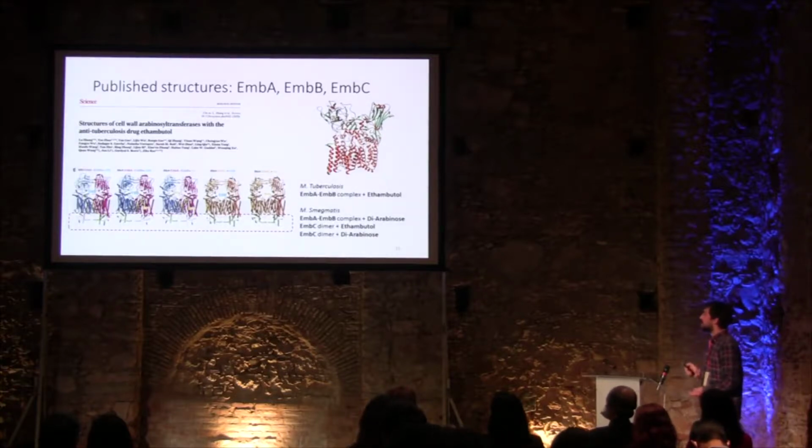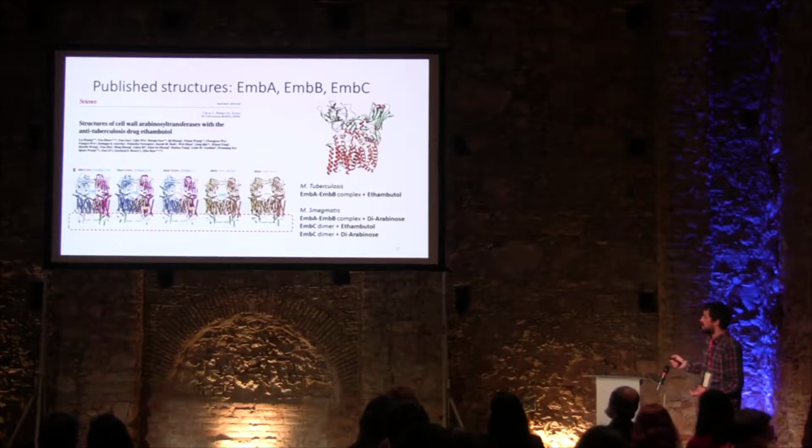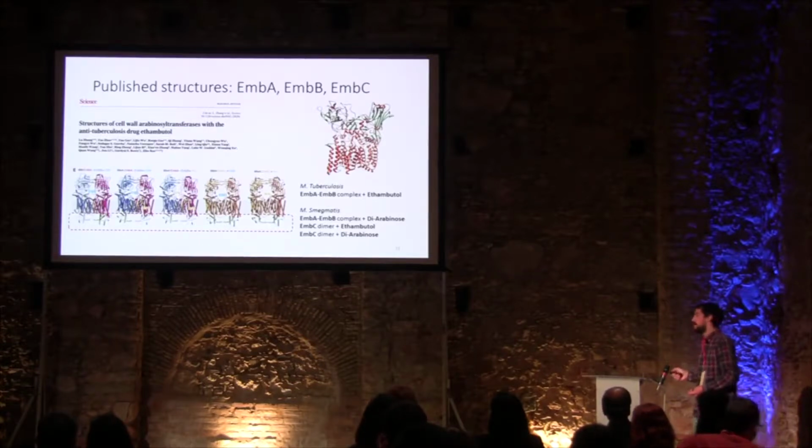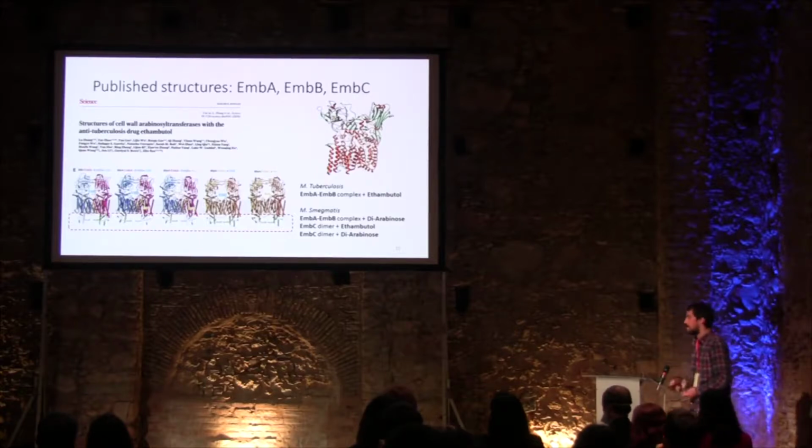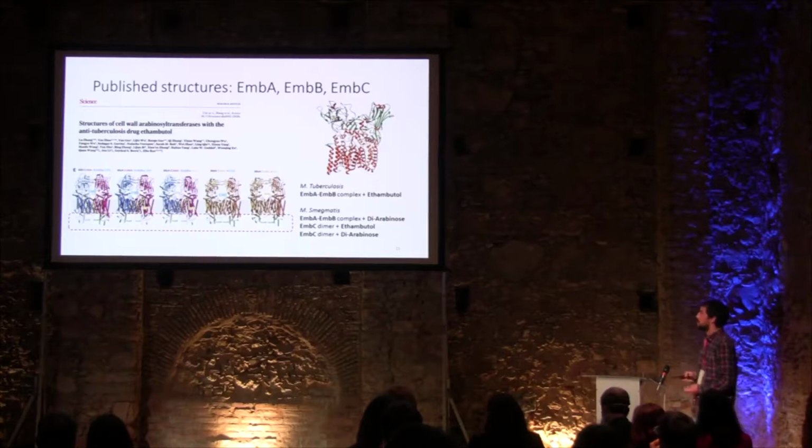Nonetheless, it was really good for us to see that our first report of the ACP interaction for AftD was confirmed, as they also found an ACP bound to all those structures. So in this sense, we were very happy to see it.